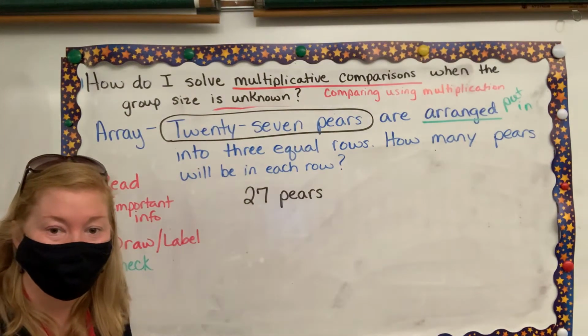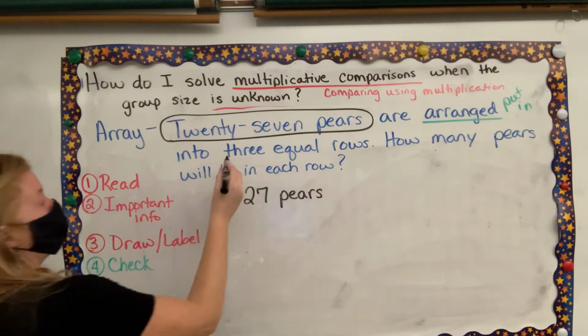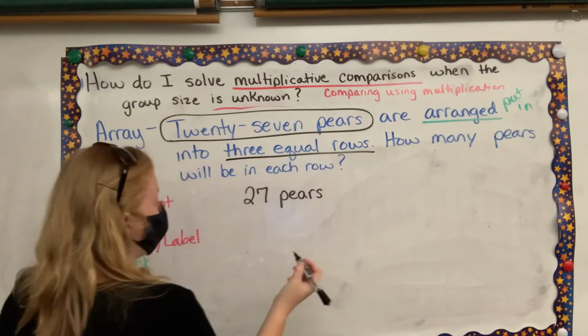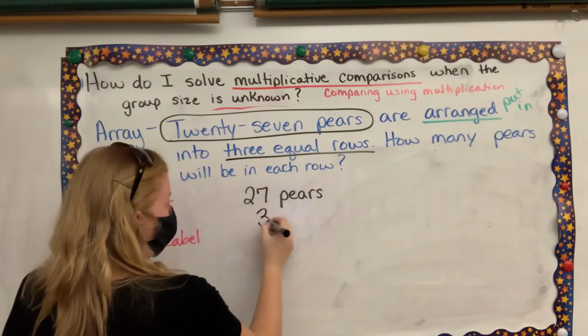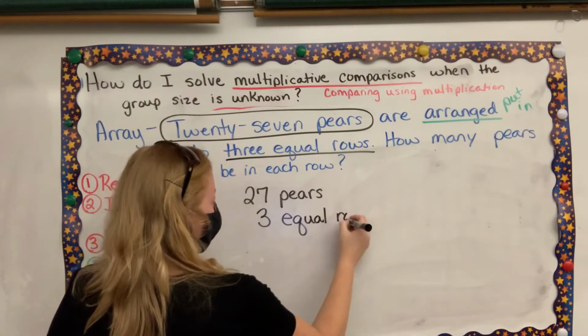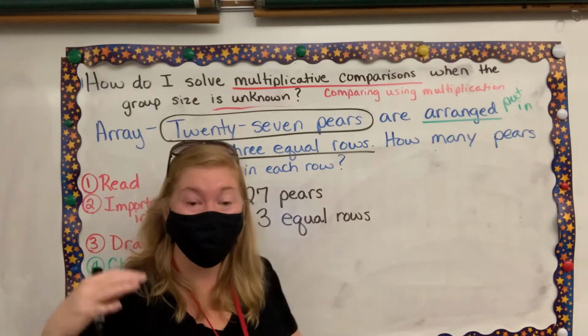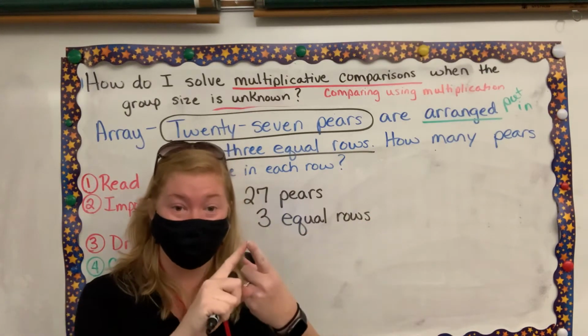Carly. 3 equal rows. I have 3 equal rows. And remind me, Carly, which way do rows go? Horizontally.